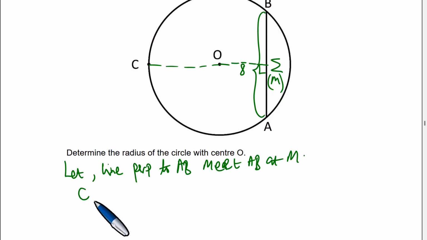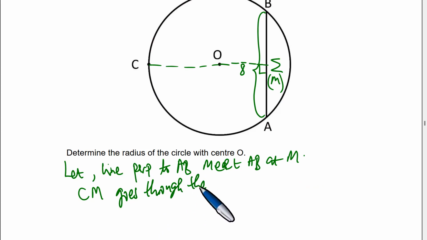So here you can clearly see that CM goes through the center.